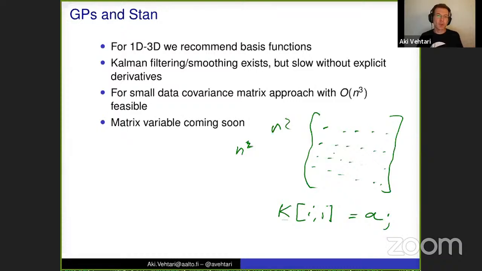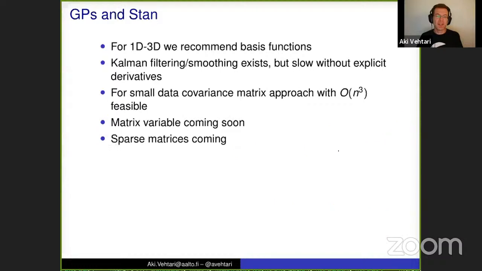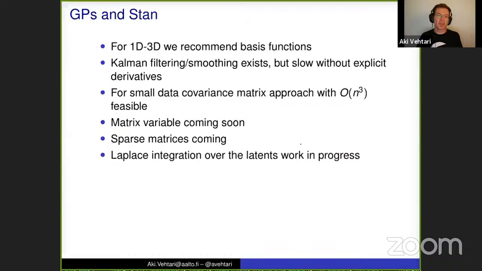And this is coming soon, so soon GPs are going to be faster in Stan. Sparse matrices are coming after that, and then we are recommending in many cases, instead of using GPs, using Markov random fields, and if someone wants to use a specific covariance function in those cases, then we would recommend going a similar route as INLA.